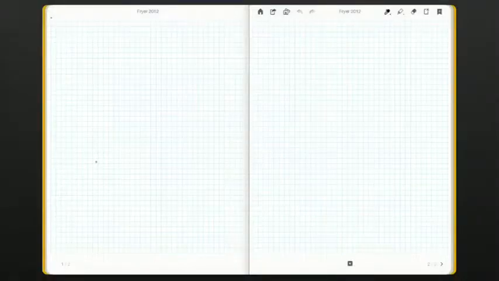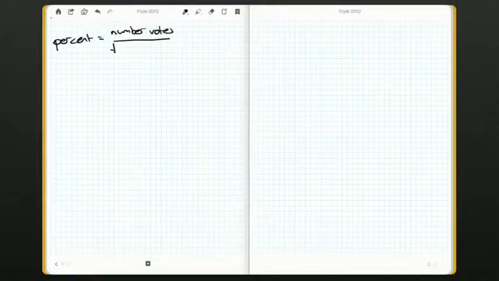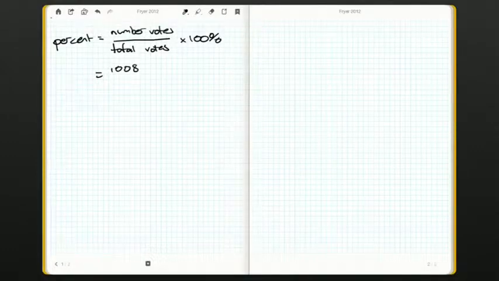So we'll grab ourselves a piece of paper. It's number of votes over total votes times 100%. 1008 divided by 5600 times 100%.